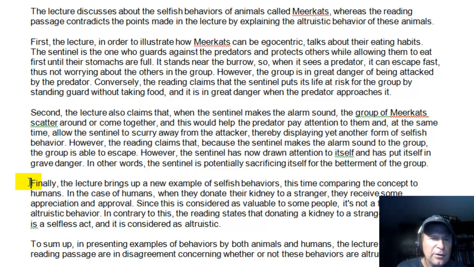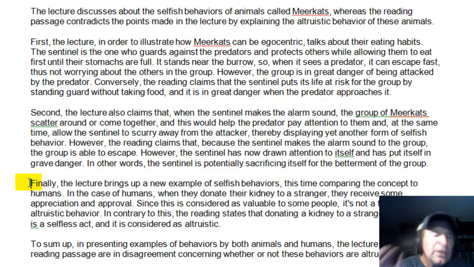Okay, next paragraph. Finally, the lecture brings up a new example of selfish behaviors, this time comparing the concept to humans. That you didn't do. That's your transition. You got to do stuff like this, Letha. I'm telling you, think about it. If you're driving down the road at an intersection, in the United States, whatever, think about it. We have traffic signals, we have stop signs and yield signs, we have signs to prepare the drivers when they need to change direction or roads.